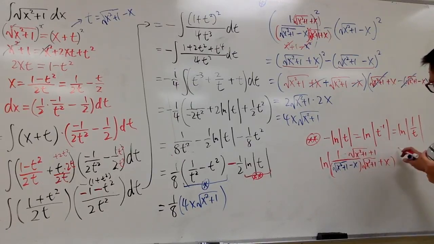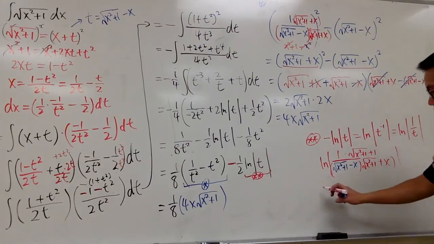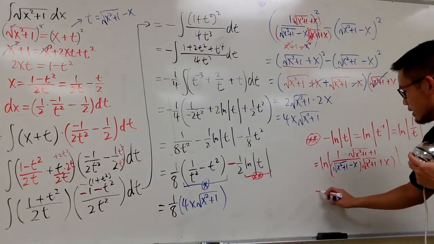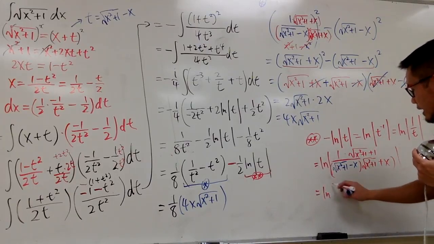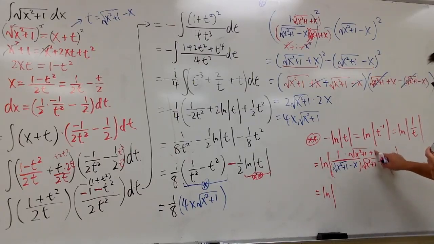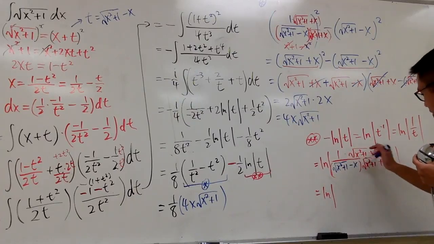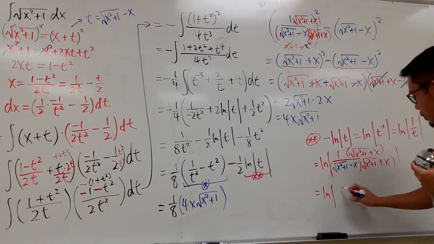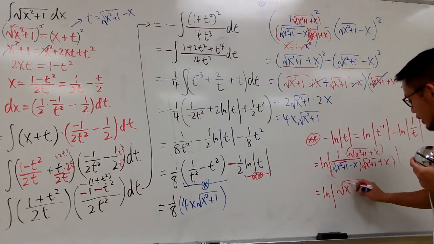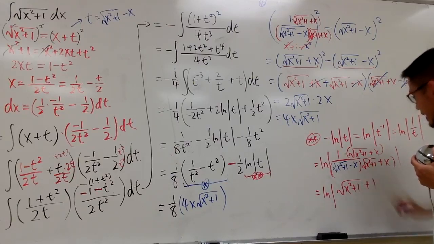This is 1 times that, and close the absolute value. And you will see this is ln absolute value, 1 times this is just that, of course. This is square root of x squared plus 1, and then plus x.